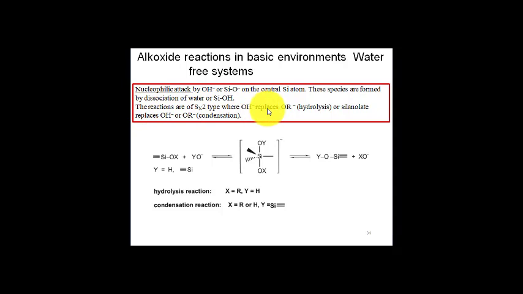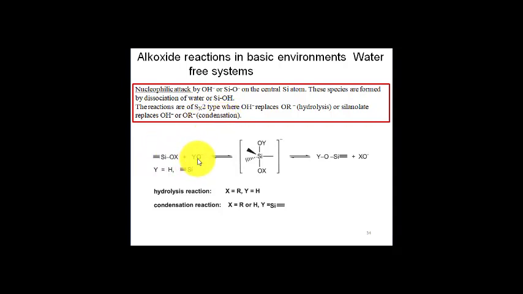Students, if you have already learned about SN2, substitution nucleophilic second type of reaction, where OH replaces OR, hydrolysis occurs, or silanolate replaces hydroxyl or OR and condensation takes place. This is the reaction mechanism.